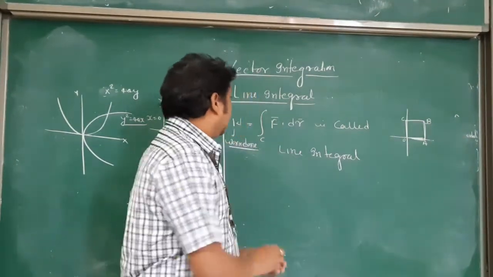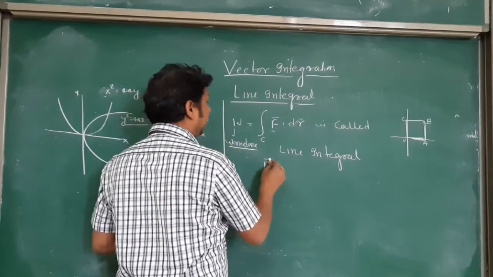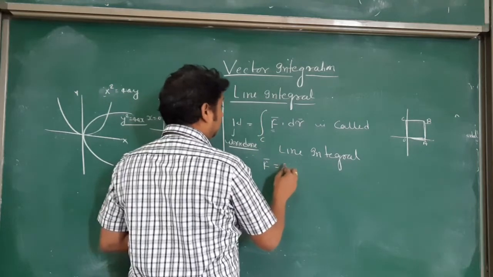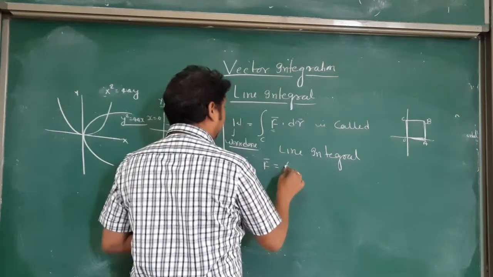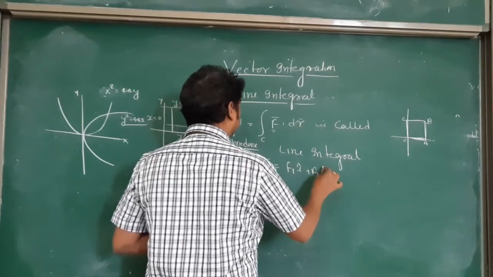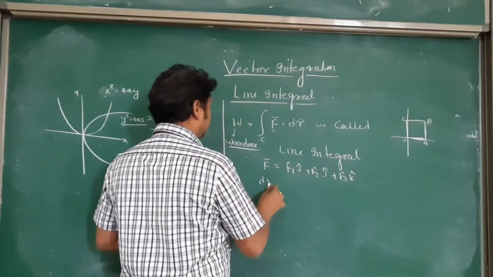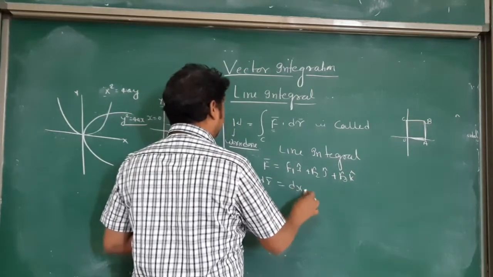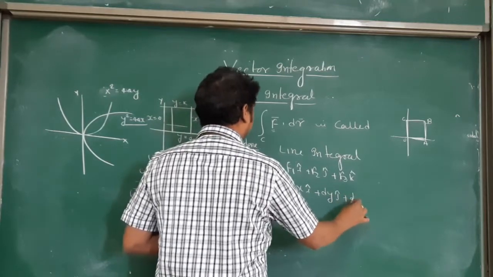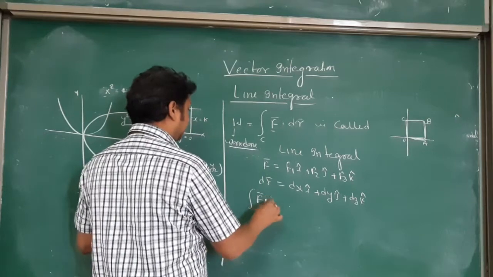So here f is always given. Suppose f is f1 i plus f2 j plus f3 k. What is dr? dx i plus dy j plus dz k. So what is f dot dr?